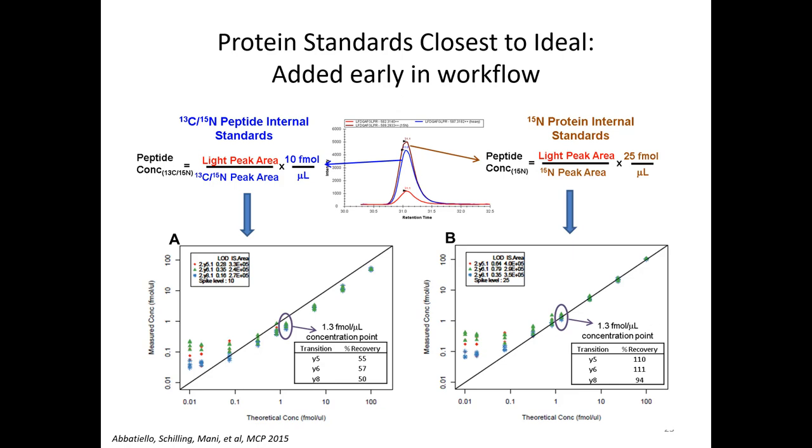This is plotted in a log scale, and if it's offset below the line, we know that means the slope is less than 1. If we take, for example, one concentration point where we know what we spiked in, the actual recovery value was about 50%.